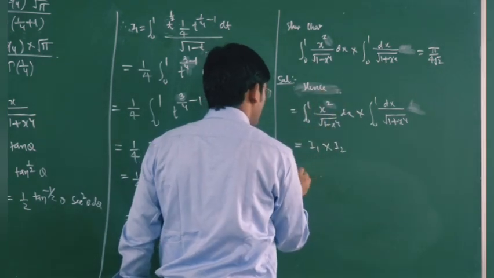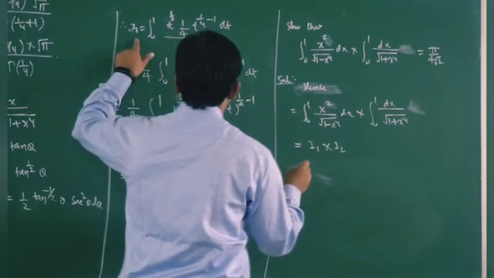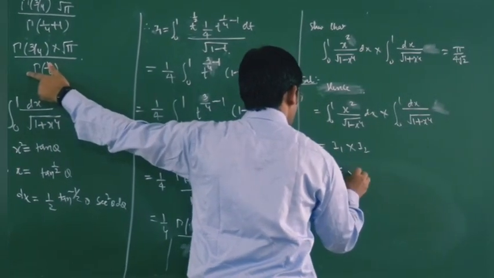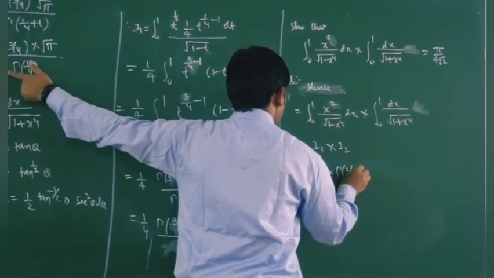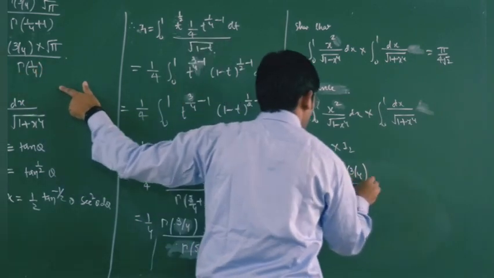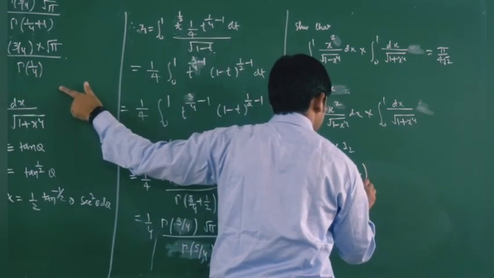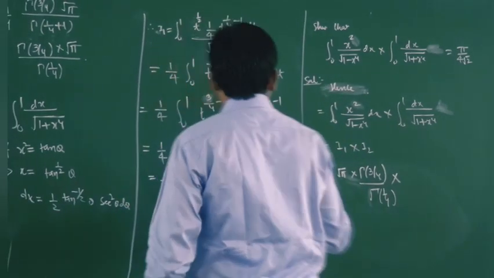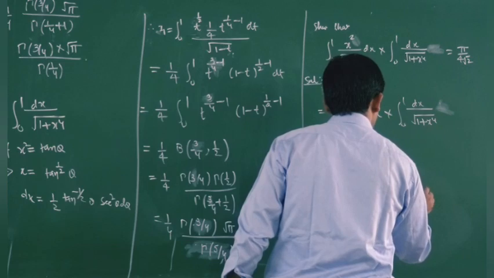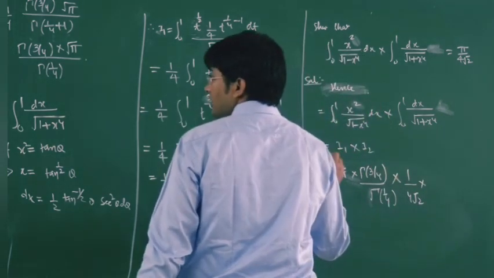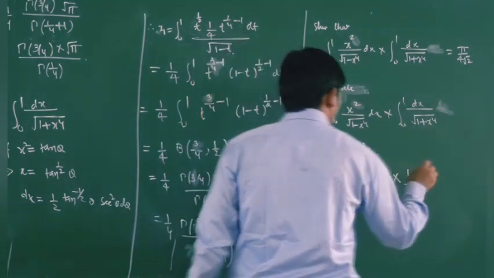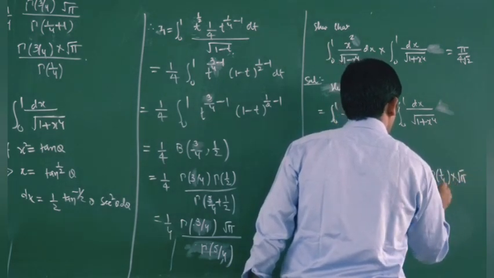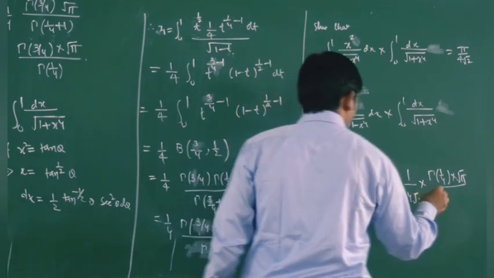Hence our left hand side will be equal to, now I1, the value of I1 was square root of pi gamma 3 by 4 upon gamma 1 by 4, and the value of I2 is 1 by 4 root 2, then gamma 1 by 4, then we have square root of pi divided by gamma 3 by 4.